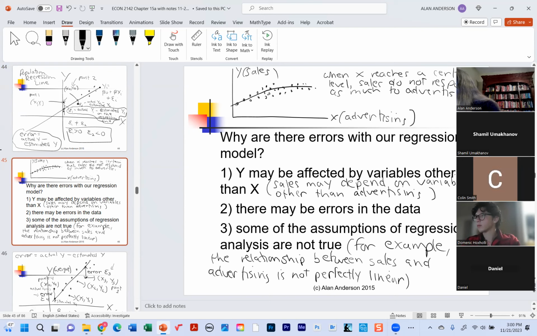We don't want to saturate the market with our ads. So at a certain point, the effectiveness starts to wear off a bit, and the curve flattens out. That means the relationship between x and y changed. It's not linear, and that's going to cause us to have errors in our data. Does that make sense?